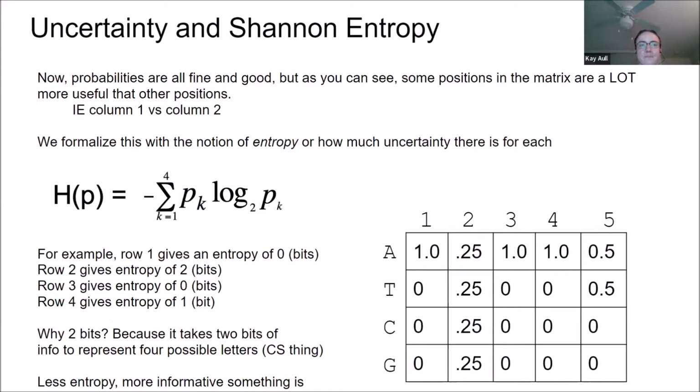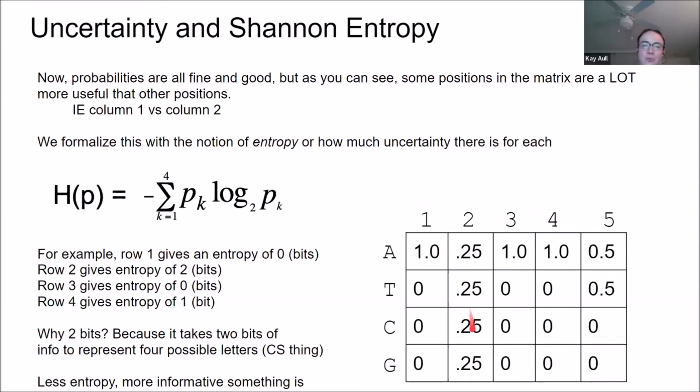All right. And so I talked a little bit about uncertainty and entropy. And so the intuition here is, you have these probabilities, but what that indicates is that some of these positions are more informative than others. And so if you saw something that is not an A in the first, third, or fourth position, you would have a pretty good idea that that's not part of your motif, right?